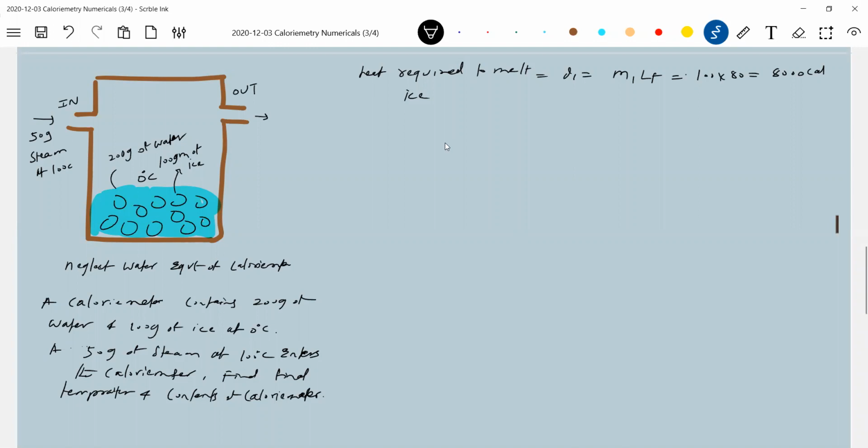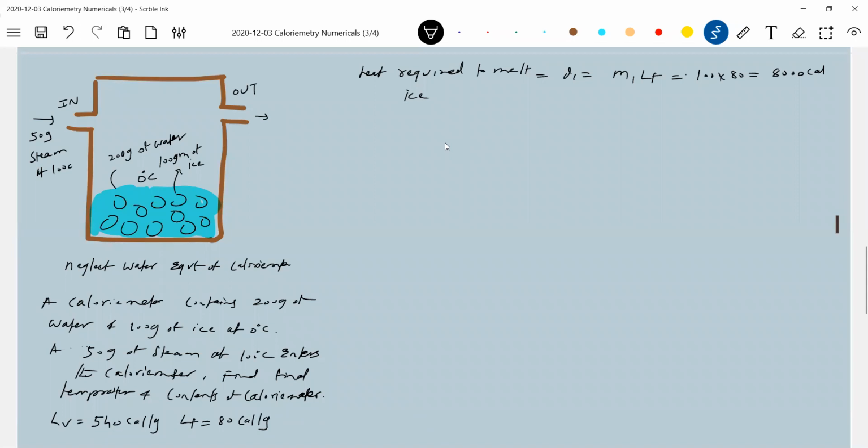Okay, latent heat of vaporization, the values I'll give. So I think we have to cross check what can happen to the final temperature: will it be 100, or less than 100? We are not very sure. So one thing, the heat required for the temperature of water to rise from 0 to 100.